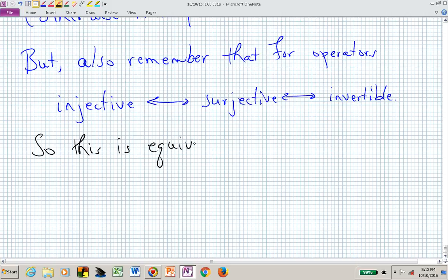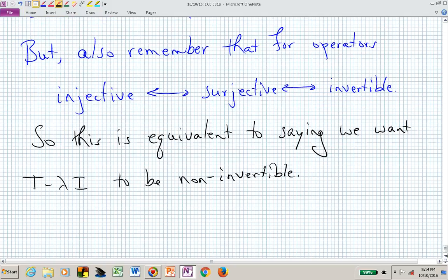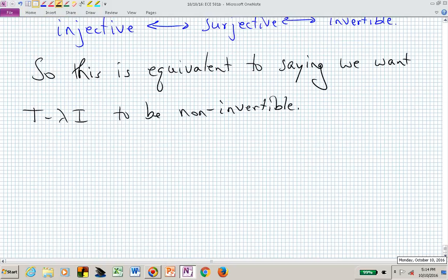Or in other words, this is equivalent to saying we want T minus lambda I to be non-invertible if we're wanting it to be non-injective. Because those three are equivalent.